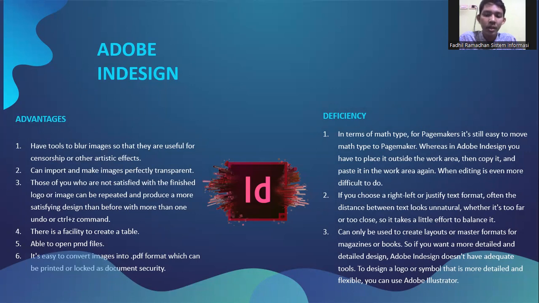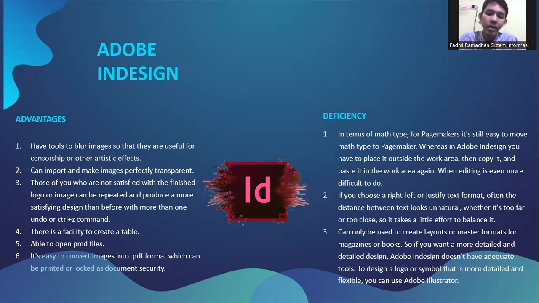Two, if you choose a right, left, or justify text format, often the distance between text looks unnatural, whether it is too far or too close. So it takes a little effort to balance it. 3.